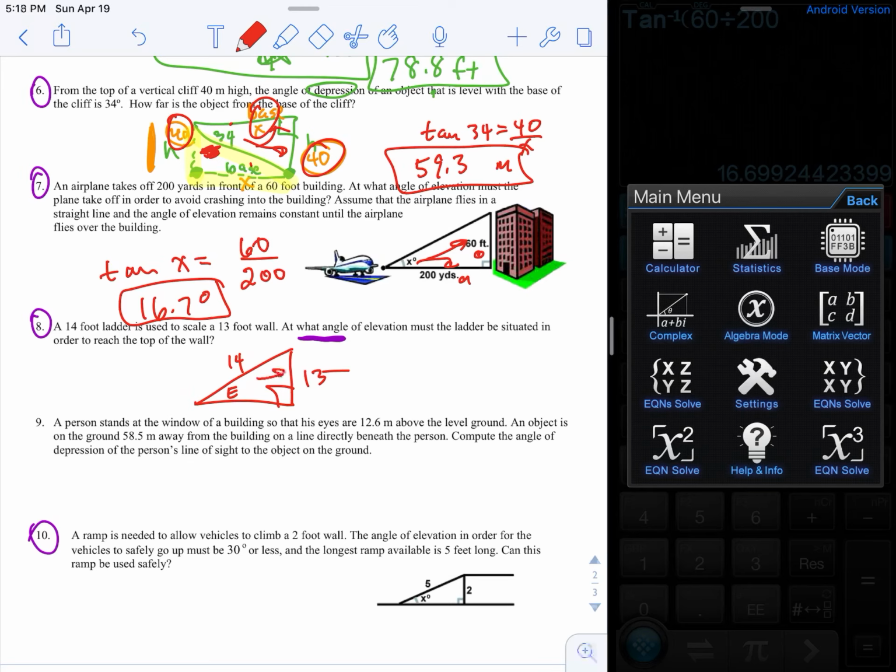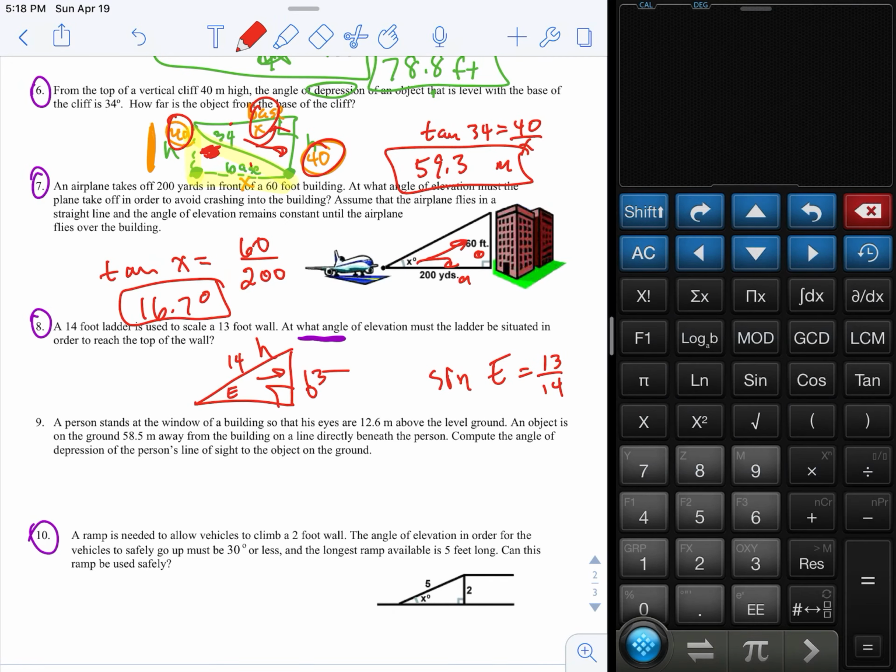Opposite over hypotenuse. Sine E equals 13 over 14. So second sine, because we're looking for angles, second sine 13 divided by 14. Guys, I've said this before, you're going to be sick of hearing me say this. But because I could actually see what I typed in the calculator, that's why I like this calculator. The iPhone calculator doesn't do that.